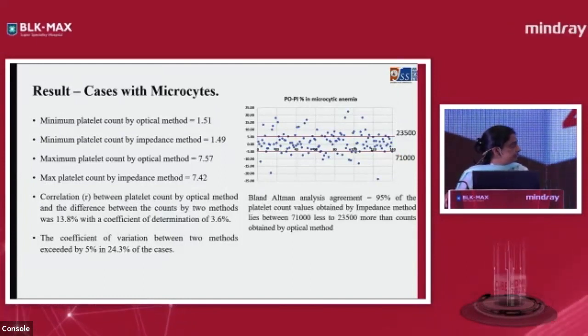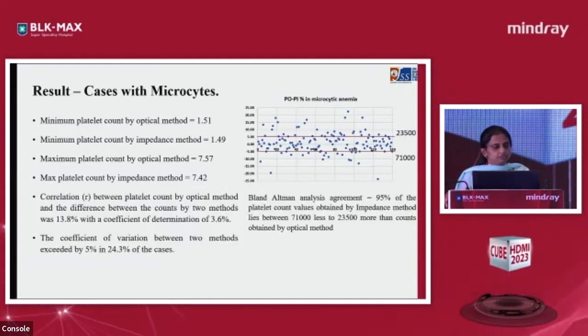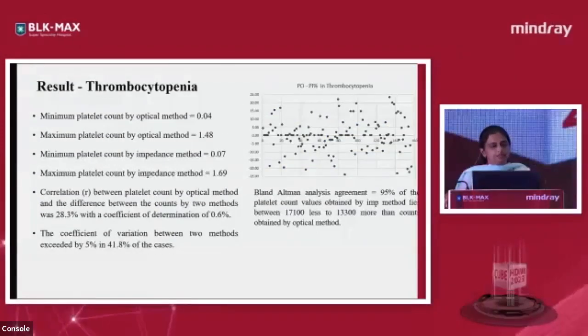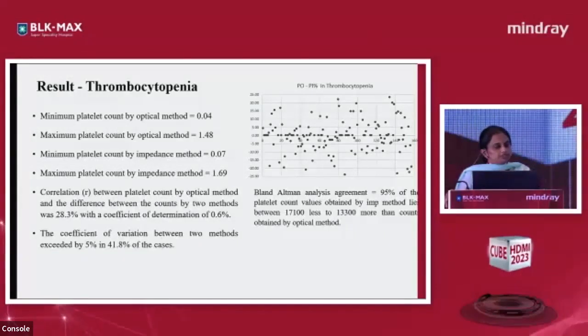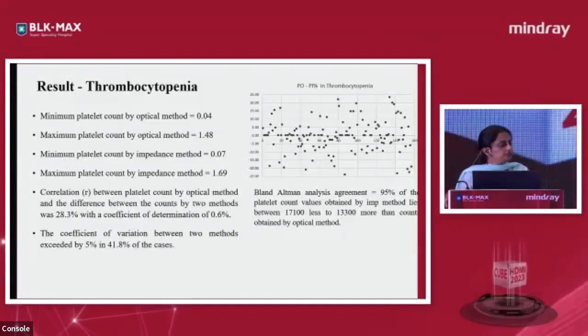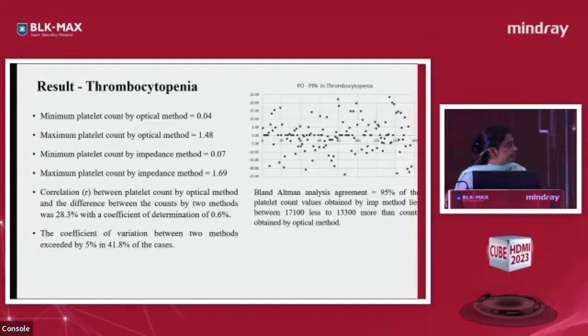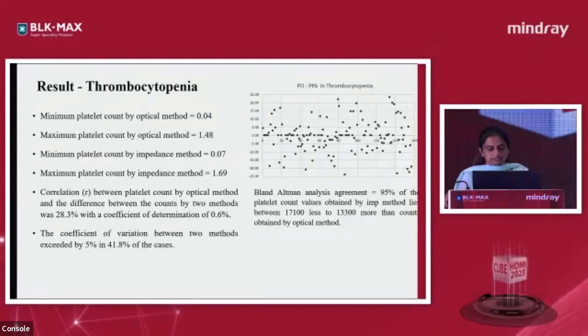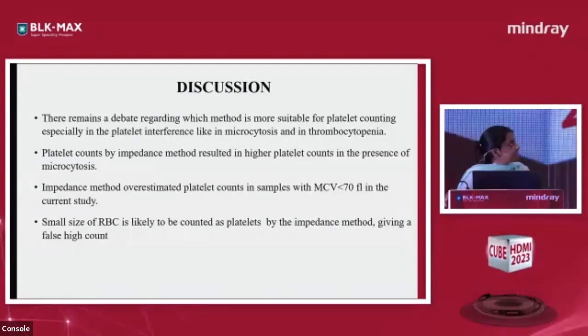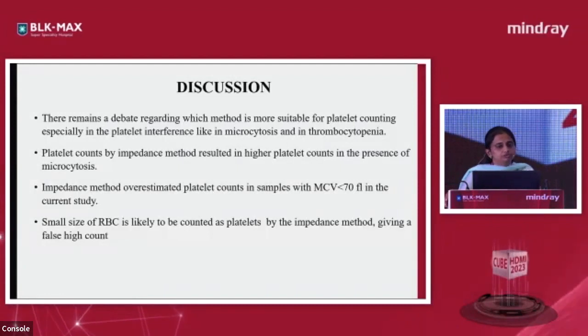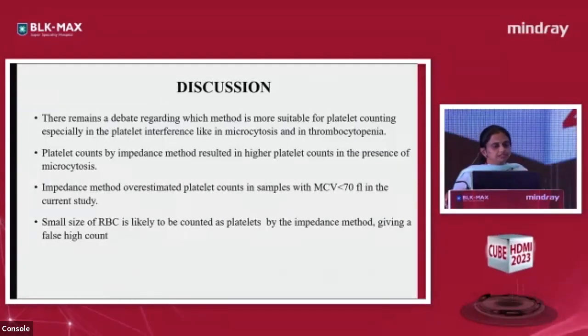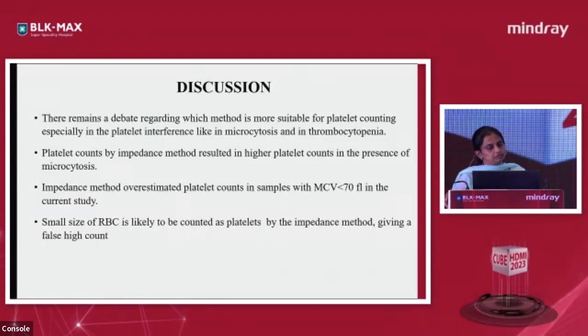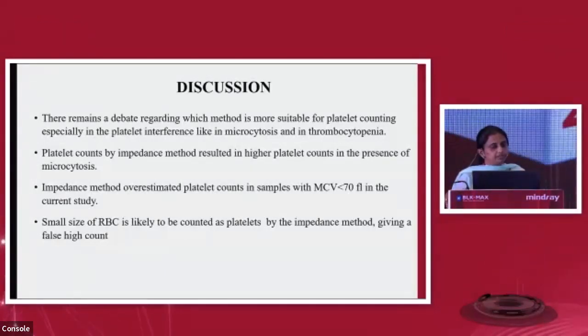And in cases of thrombocytopenia, the coefficient of variation between the two methods exceeded 5% in 41.8% of the cases. So there still remains a debate as to which method is more suitable for platelet counting, especially with platelet interference like microcytes and in cases of thrombocytopenia.